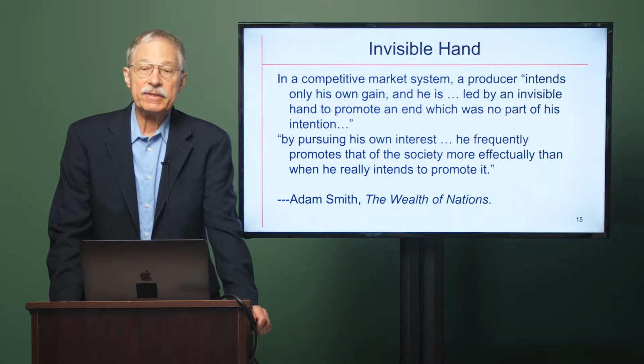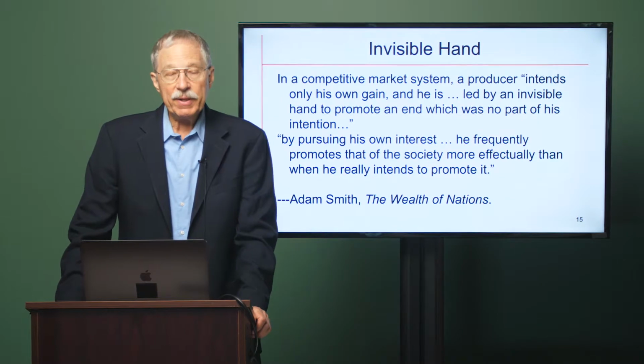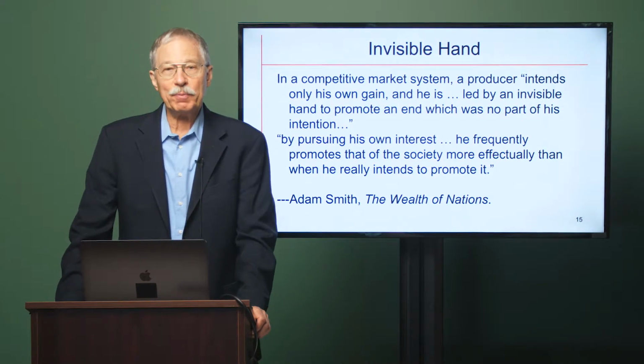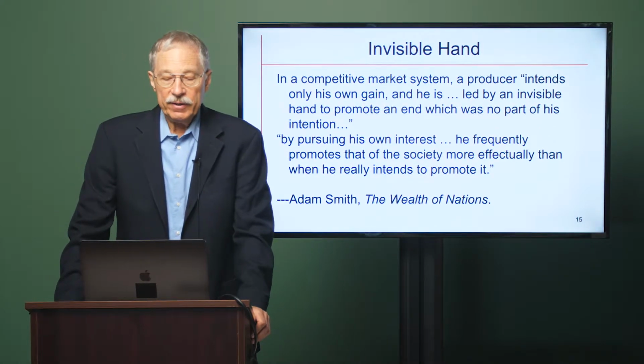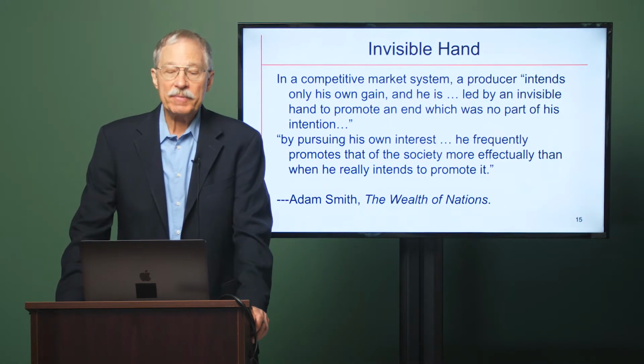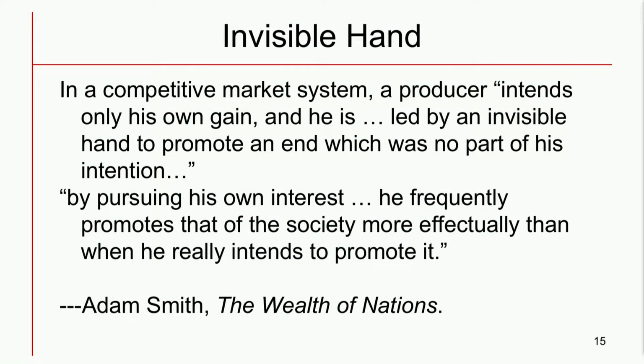In a competitive market system, Adam Smith, the famous author of Wealth of Nations, published in 1776, argued that a producer intends only his own gain, and he is led by an invisible hand to promote an end which was no part of his intention. Adam Smith went on, by pursuing his own self-interest, he frequently promotes that of society more effectually than when he really intends to promote it.